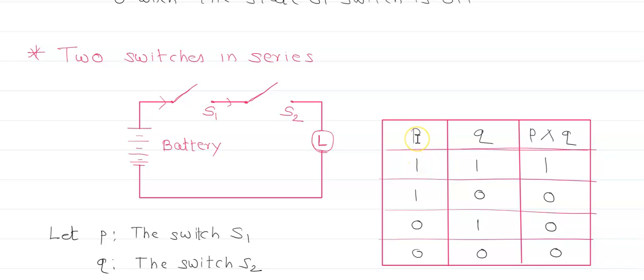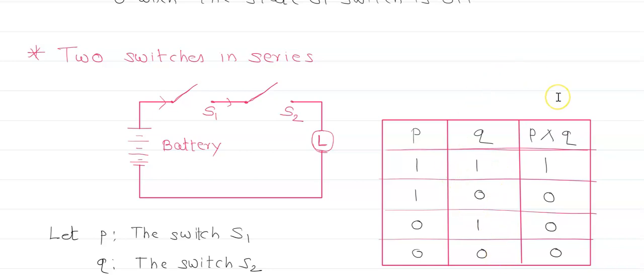Now for P, just as in the previous table, that is TTFF, in this case we will treat it as 1 1 0 0. And for Q, that is TFTF, in place of that we write here 1 0 1 0.